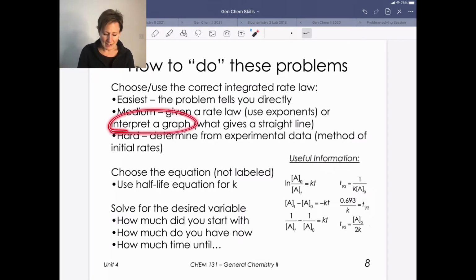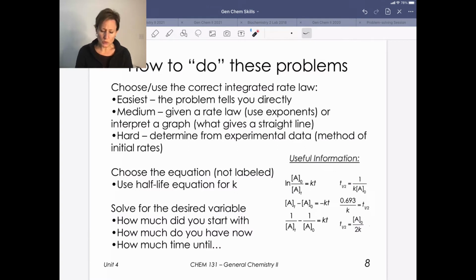I'll talk about this on the next slide. You can look at graphical data to tell you whether or not it's a first, second, or zero order process. The hardest, and you are not going to see this in class here, but this is related to things that happen in lab, is maybe you'll need to use experimental data, that method of initial rates, to determine your reaction order.